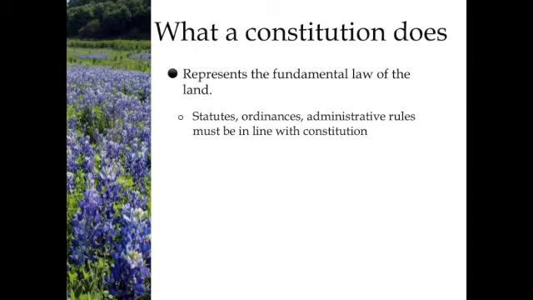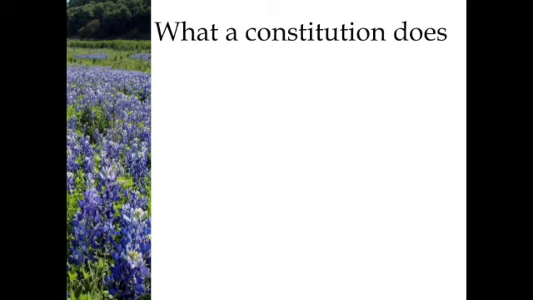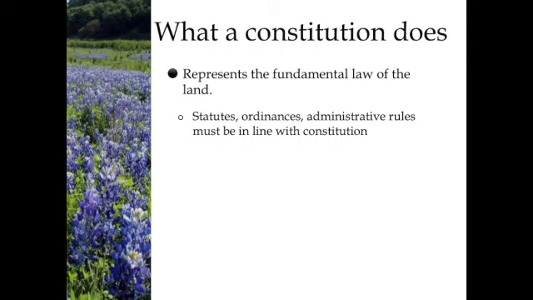Another aspect of what a constitution does. I think it's important to remember that a constitution is considered the fundamental law of the land, which means nothing that's in the structure that's created below it is supposed to contradict what's in it.